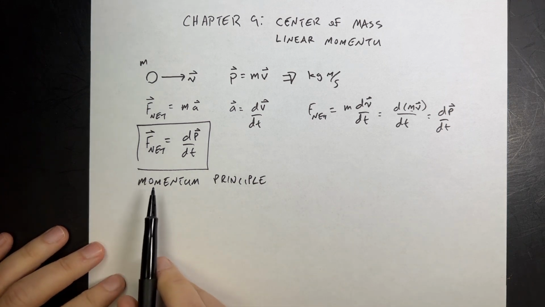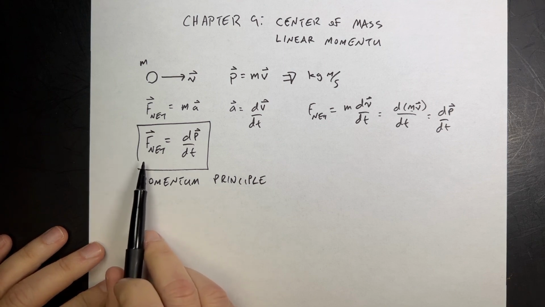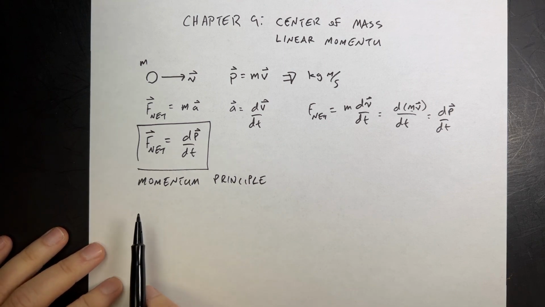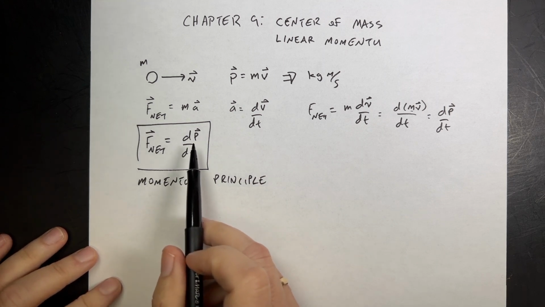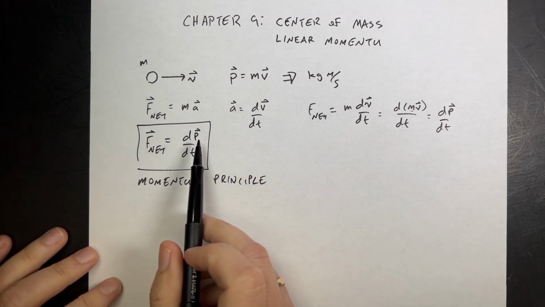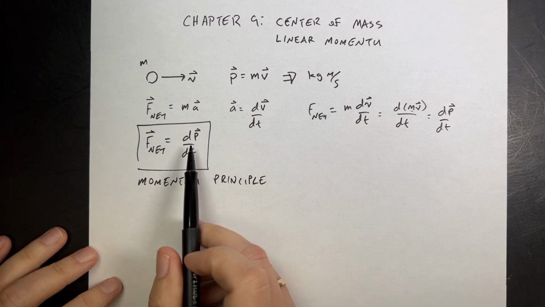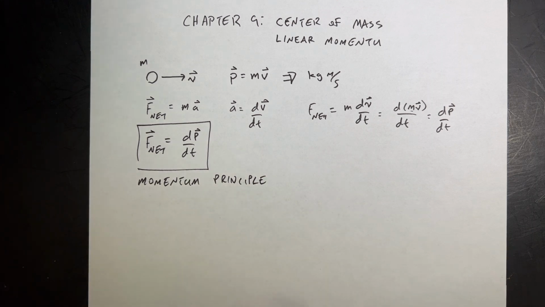And what this says, and I really like this way better, is that what forces do to an object is change the momentum. And this includes situations where even if the mass is not constant, it still works. You need that for the rocket equation, which is covered in this chapter, but I'm not going to cover it because I think it's too complicated.